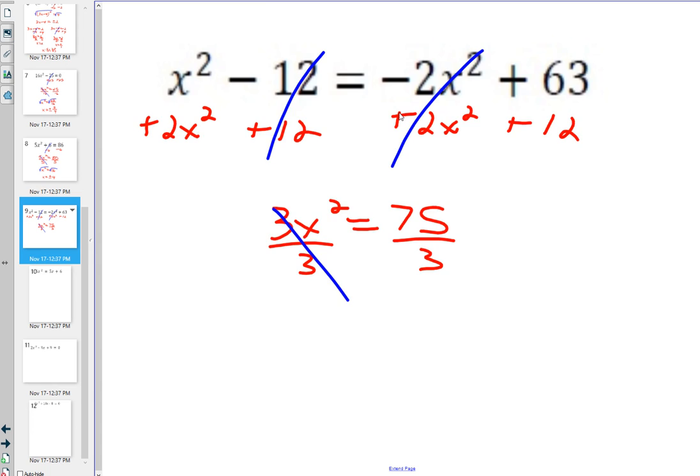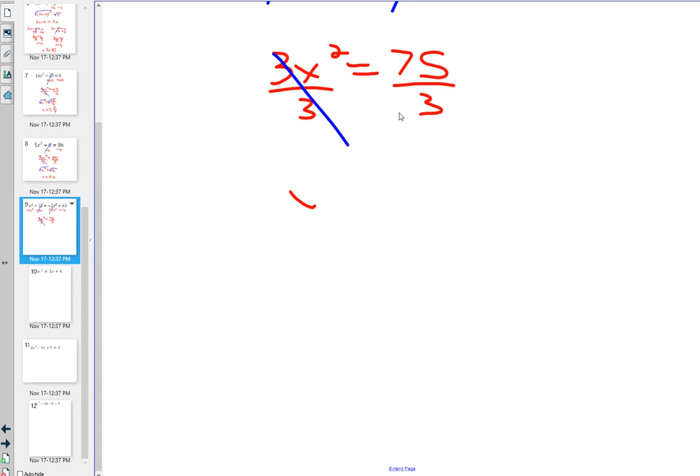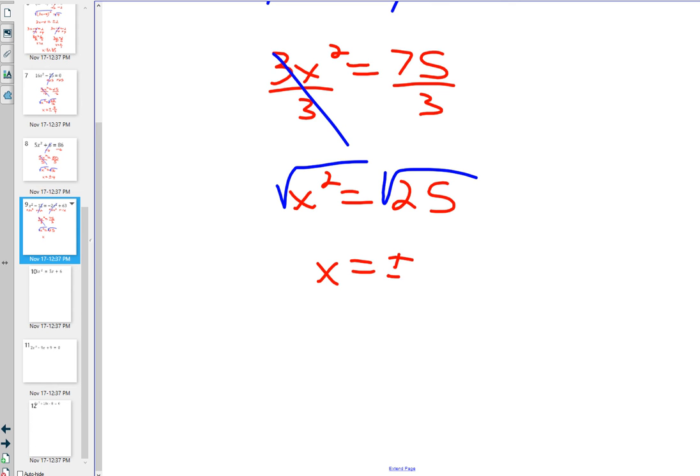And again, it works out beautifully. 75 divided by 3 is 25, which is a perfect square. So Irma, what's the square root of 25? Rika, you got that?